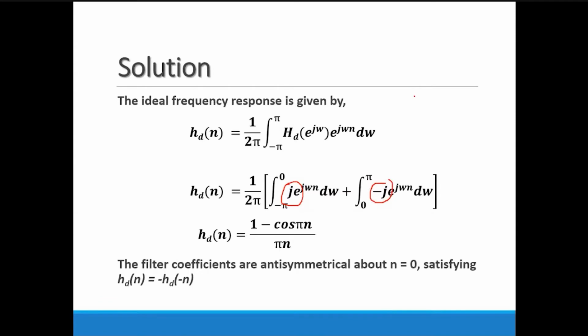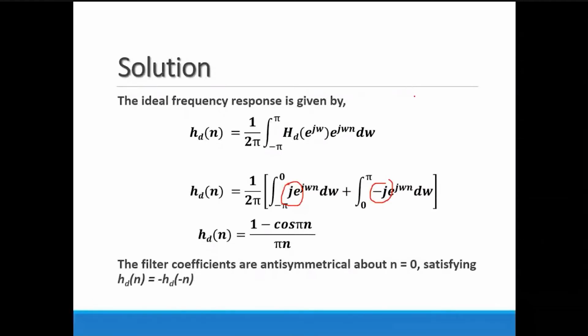So hD[n] is equal to 1 upon 2 pi integration from minus pi to 0 of j e^{jωn} dω plus integration from 0 to pi of minus j into e^{jωn} dω. So when you simplify this, you will get hD[n] is equal to (1 minus cos πn) by πn.